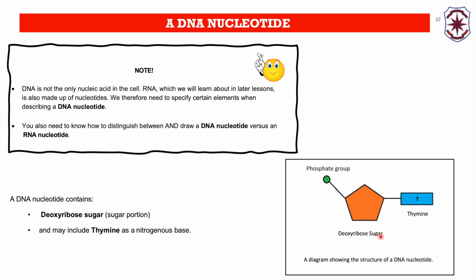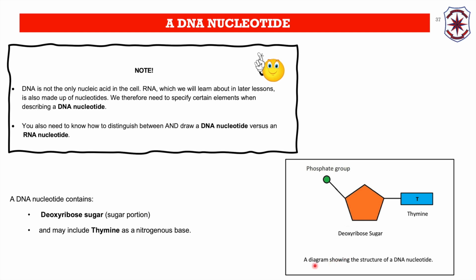Deoxyribose sugar. And remember, in terms of the nitrogenous bases, a DNA nucleotide would only contain 1 nitrogenous base. So the nitrogenous base that we exclusively find in a DNA nucleotide, not in RNA, is thymine.